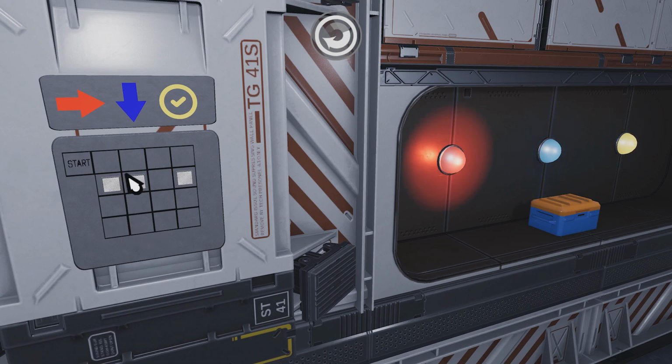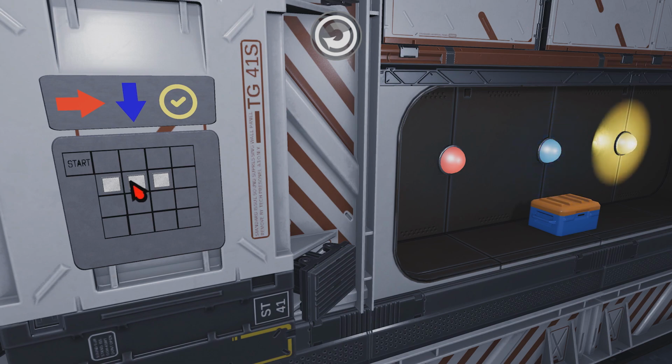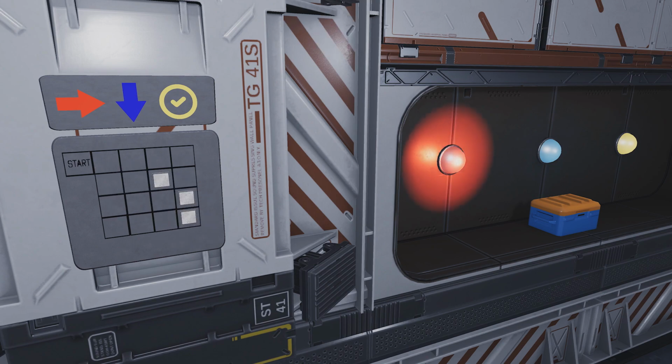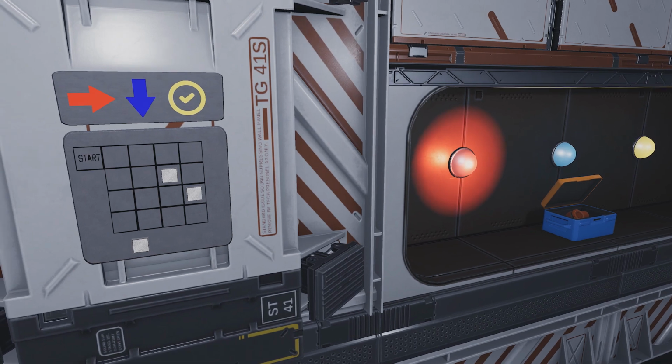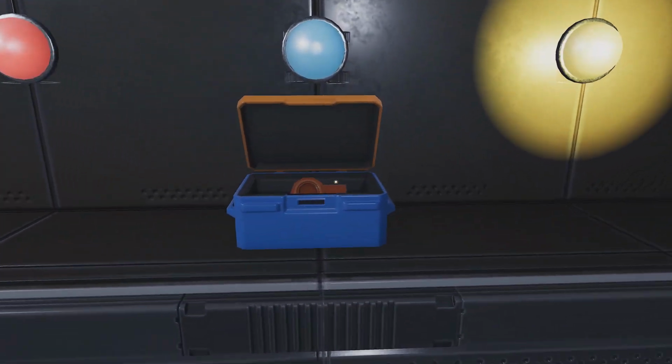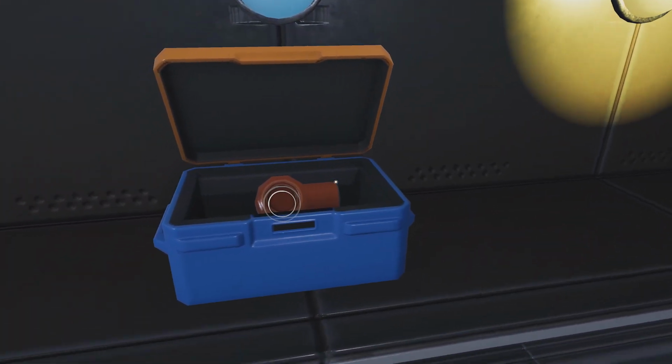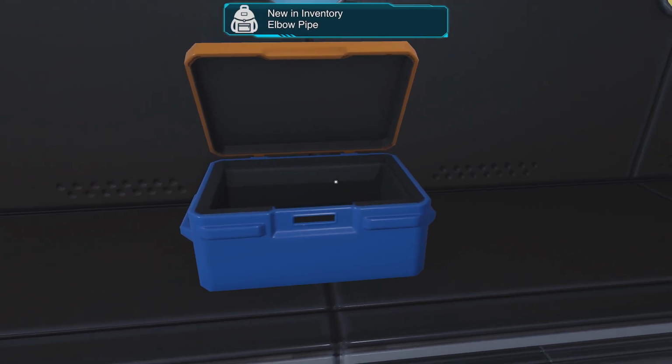Okay, so 1, 2, 3 over, 1 down, check. Oh, unless from there, we go 1 over, 1 down, and then 1 down. It's weird that it put it back, because now technically the puzzle isn't complete, but I got the thing. But yes, that also makes sense.